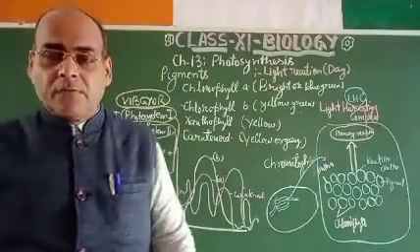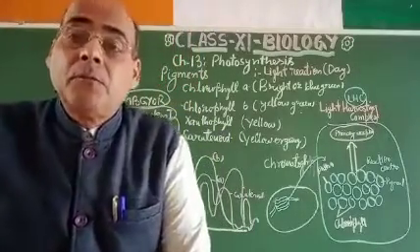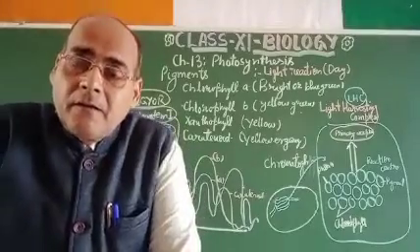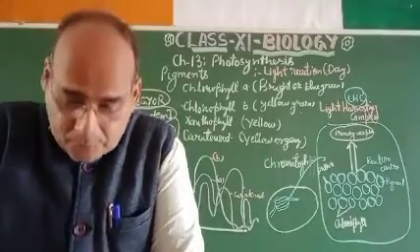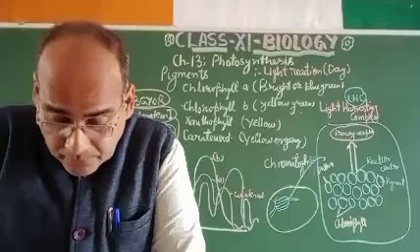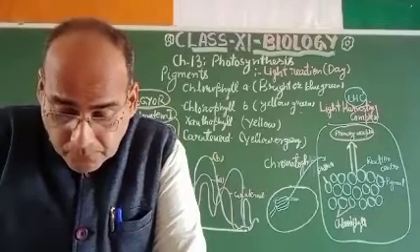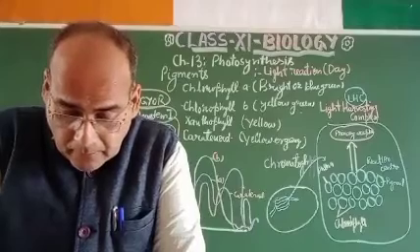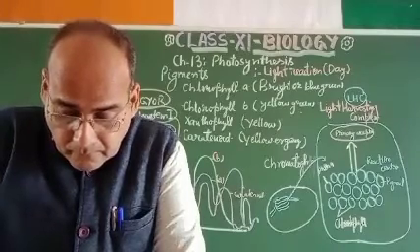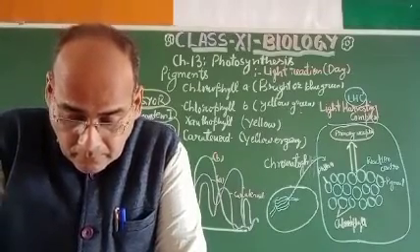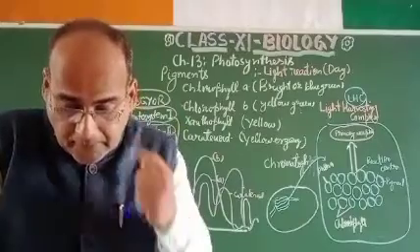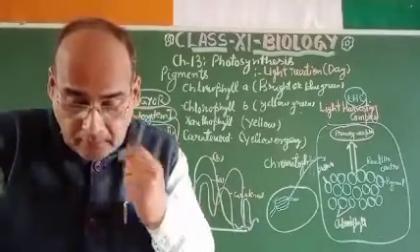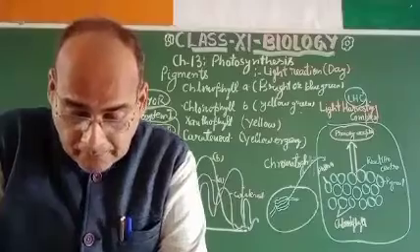The photolysis of water will help you to understand the electron transport system, means which particular material receives the electron and goes for the manufacturing of the things, and that will be electron transport.